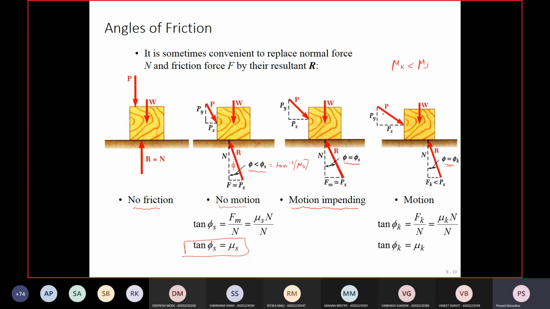But the force, the horizontal component Px, is greater than the frictional resistance offered by the surface. So now the block is in motion. Then tan phi k is equal to mu k. So this is how you can express it in terms of the resultant R.